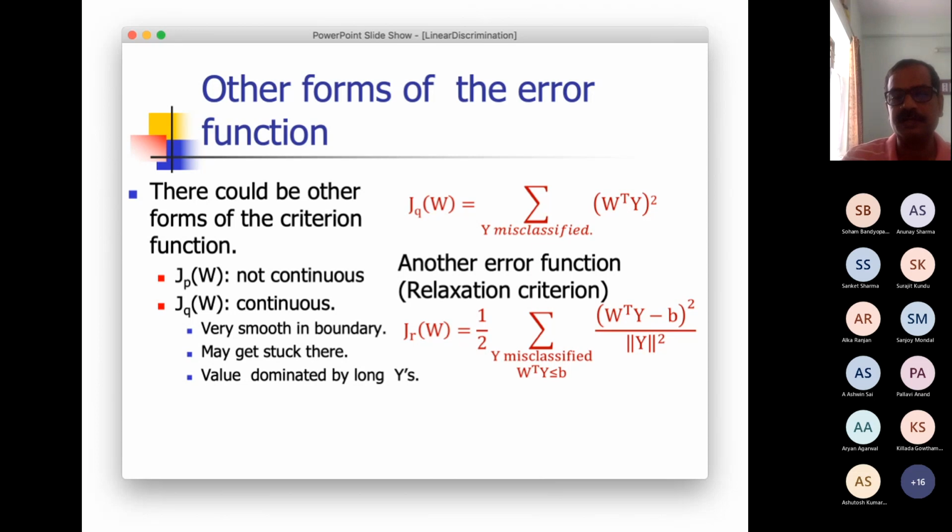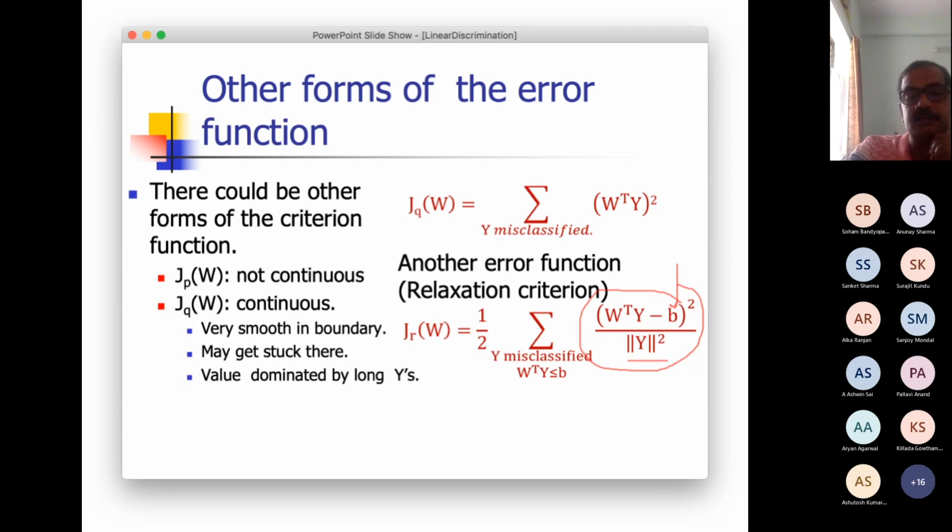Those should be considered, and also you should normalize the separation with respect to the magnitude of the sample vector. So this is another popular error criterion, which is called the relaxation criterion, where b is defining that margin and it is normalized by the sample.